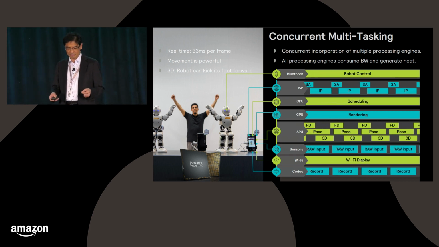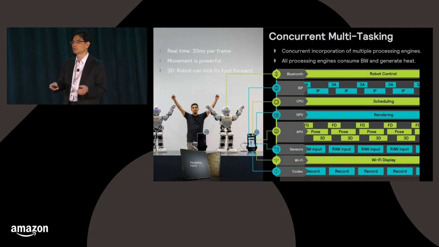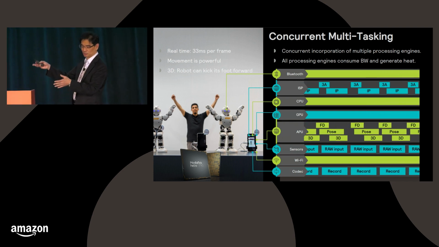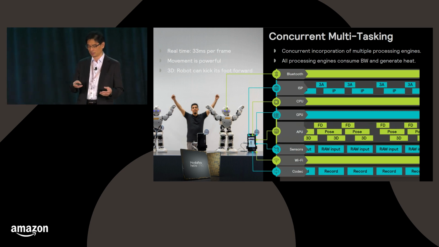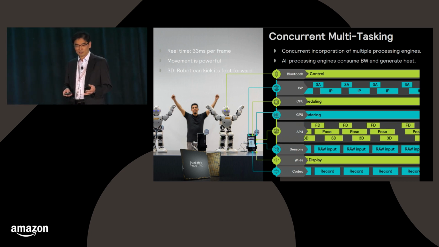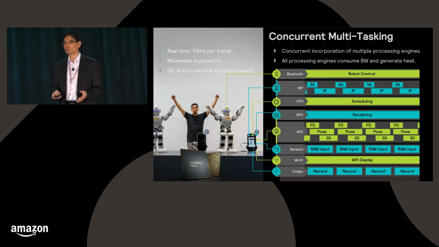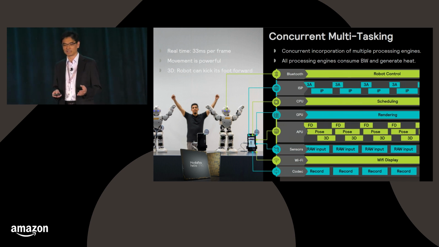You also need a sensor and Wi-Fi to mirror the smartphone display over to the TV, and definitely there's a codec. An important thing here is that all the processing engines consume memory bandwidth and generate heat.